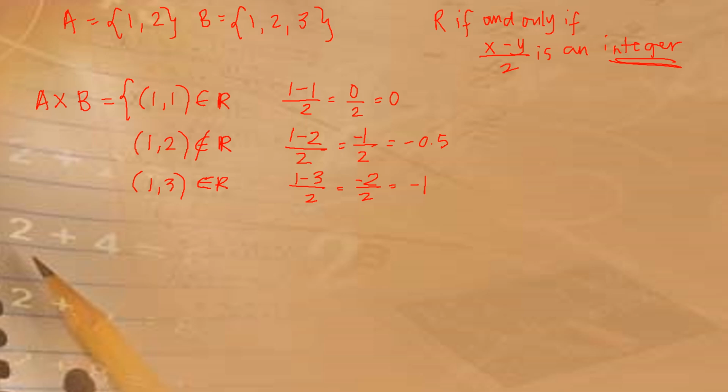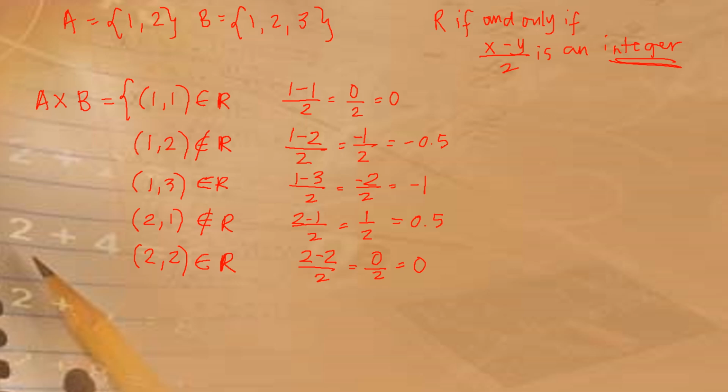Next, we have 2 comma 1. So 2 minus 1 over 2. This is 1 half, which is also equivalent to 0.5. So this is not a relation. Next, we have 2 comma 2. So 2 minus 2 over 2. This is 0 over 2, or simply 0. This is a relation.